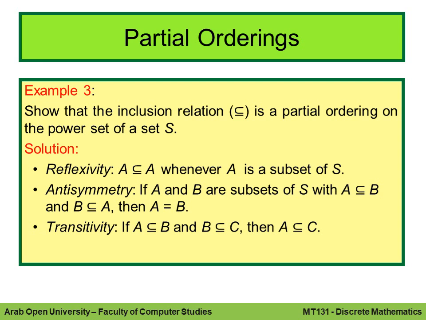That gives you that the relation is reflexive. Antisymmetric, if A is a subset of B and B is a subset of A, then A equals B. That gives you the antisymmetric property. Transitivity, if A is a subset of B, B is a subset of C, then A is a subset of C. Then the relation subset is a partial order on the power set of a set A.